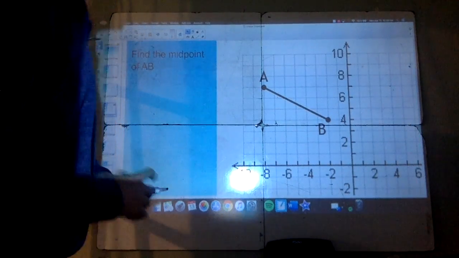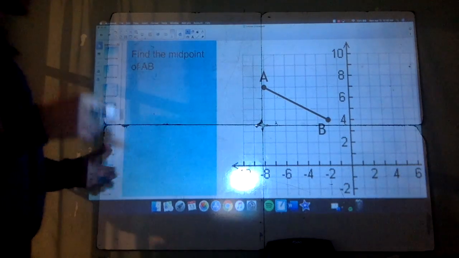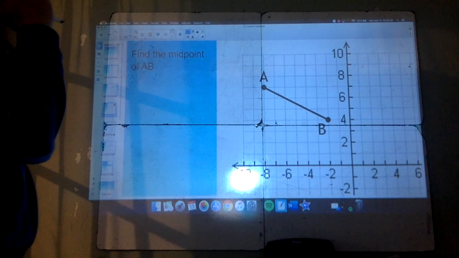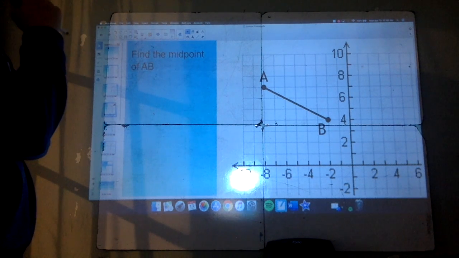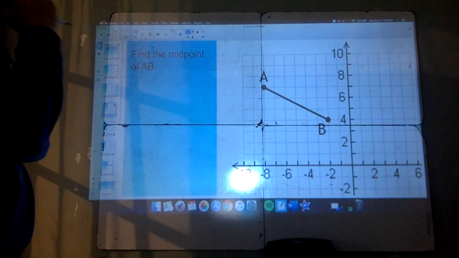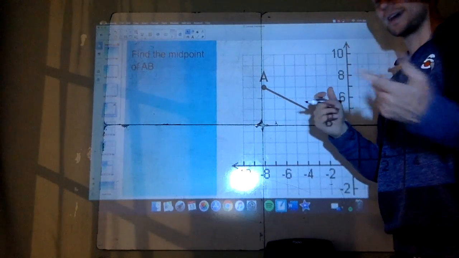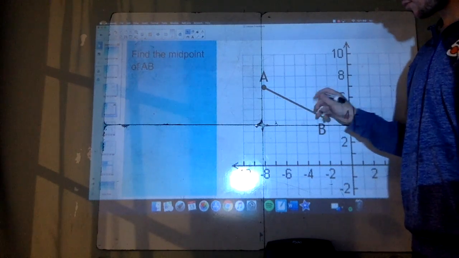What is the midpoint of this graph? Take 10 seconds again and try to see if you can guess that midpoint there. There's no exact dot where this midpoint is.